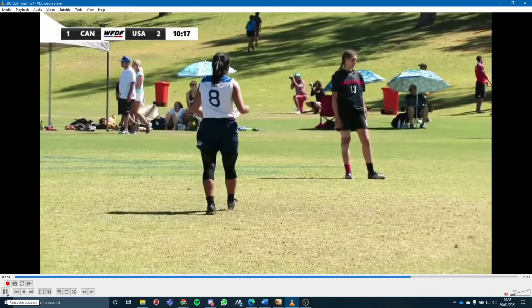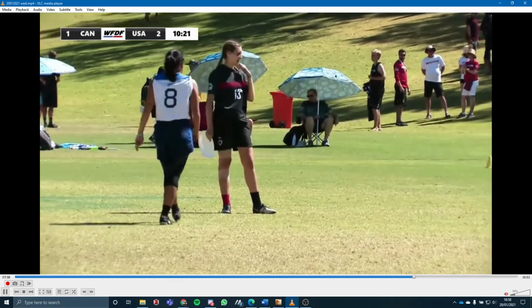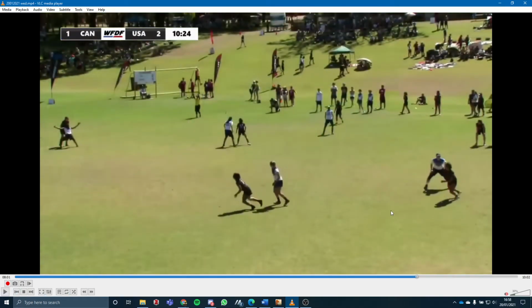So what happened was the Americans contested it, and the Canadians got it back. What happens if it's a contested foul on the throw? Does anybody know what's different if it's uncontested and what's different if it's contested?